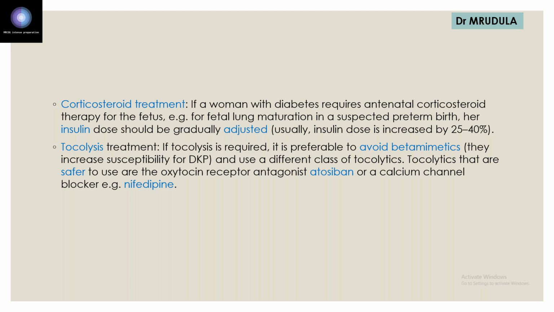Also, if the patient requires tocolysis for preterm birth, you should avoid beta mimetics because they increase the susceptibility for diabetic ketoacidosis. You should use a different class of tocolytics. The safer tocolytics in case of DKP are atosiban and nifedipine, that is, the oxytocin receptor antagonist and calcium channel blockers, if tocolysis is required at all.